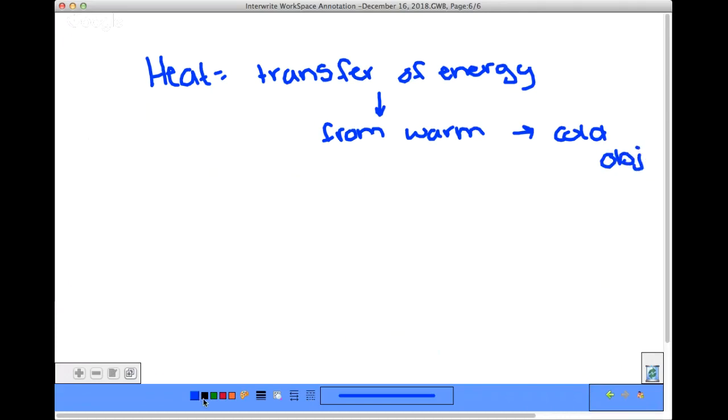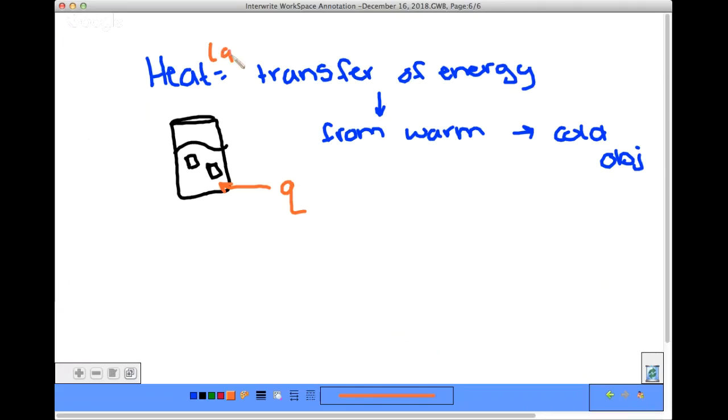For example, if you had a cup of water with some ice in there on a warm day, heat is going to flow, and remember the symbol for heat is Q. If the outside is warmer, heat is going to flow from the warmer outside into the colder glass until the temperatures are equal.